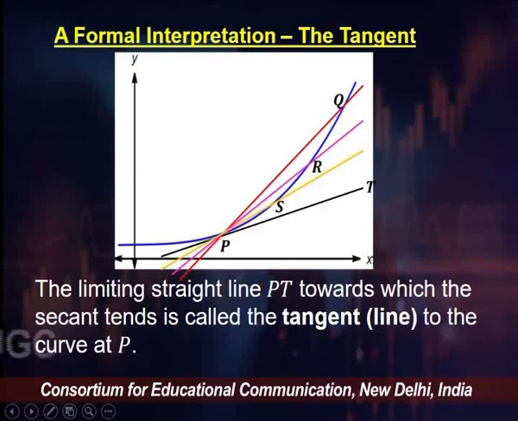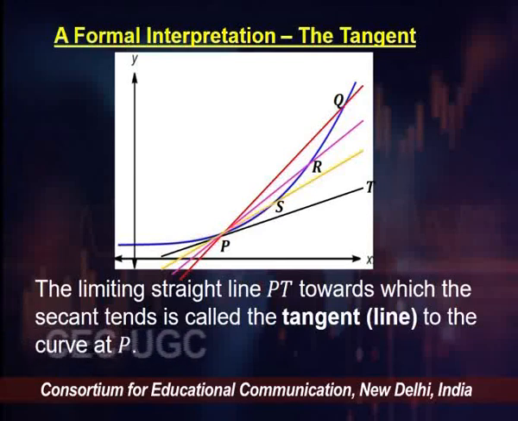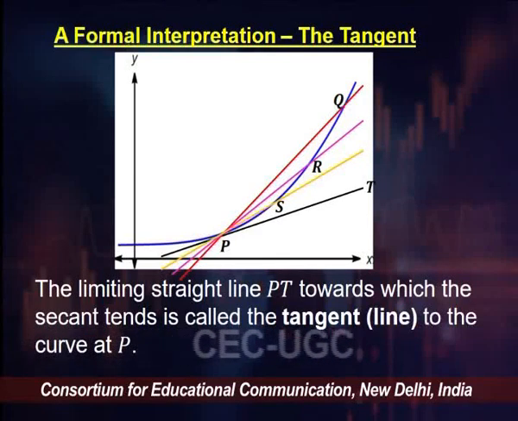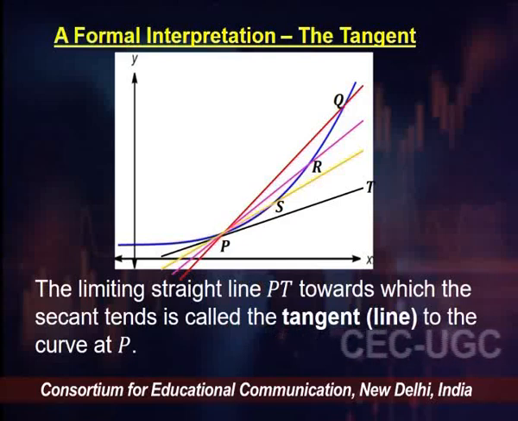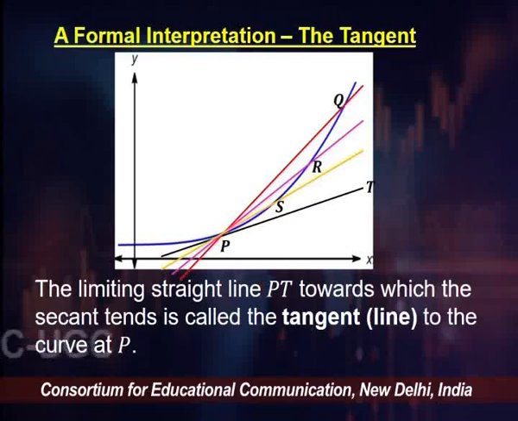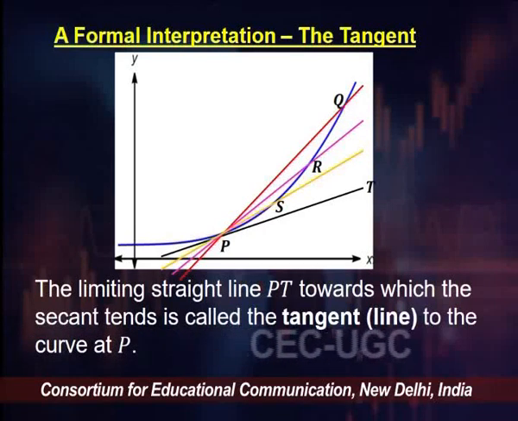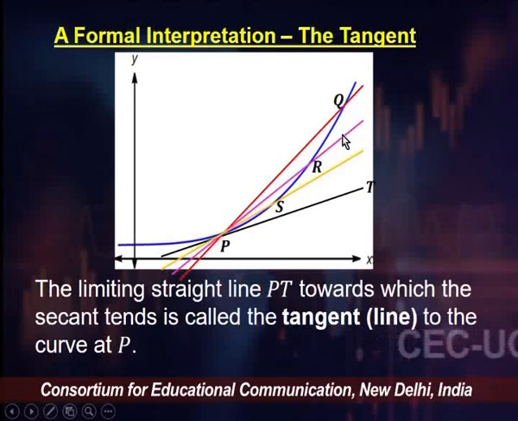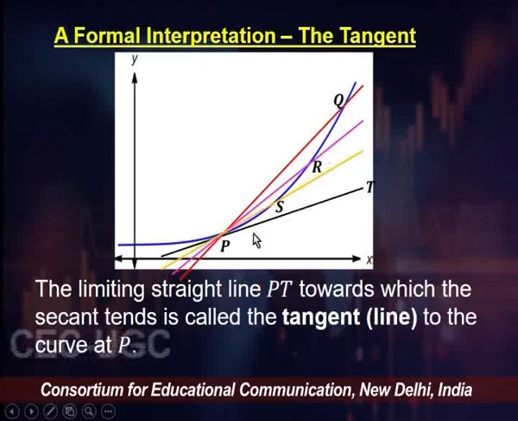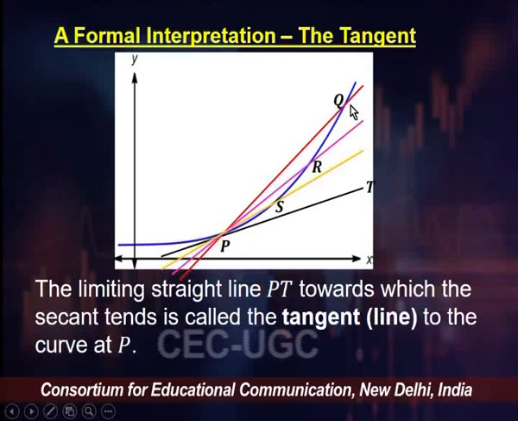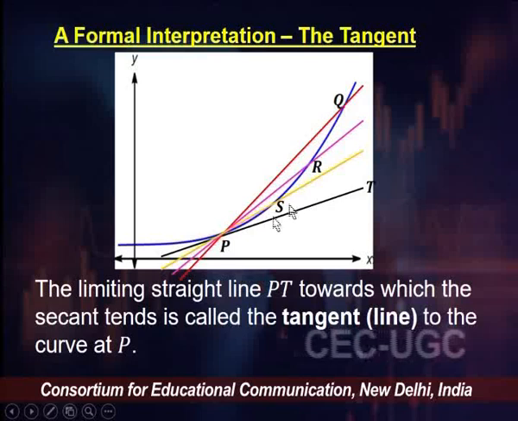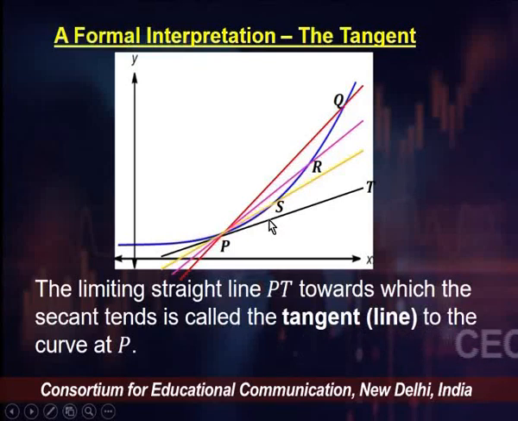But if you notice what I said in the beginning of the lecture, the derivative of a function at a point is the slope of the tangent to the curve at that point, right? So now we also have to understand what we mean by the slope of the tangent. But before that, let me also conceptualize what it means to move through successive points towards the point P. If I'm moving from Q to R to S and so on successively towards P, what do we mean?